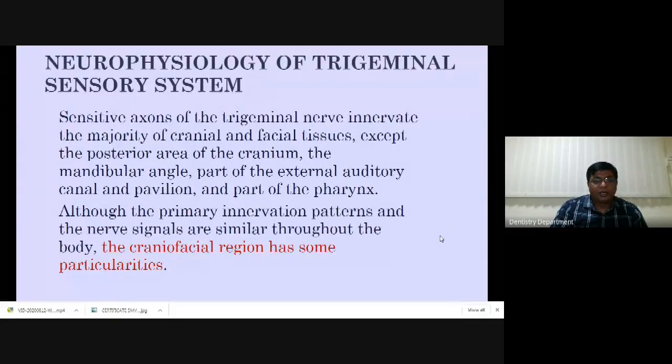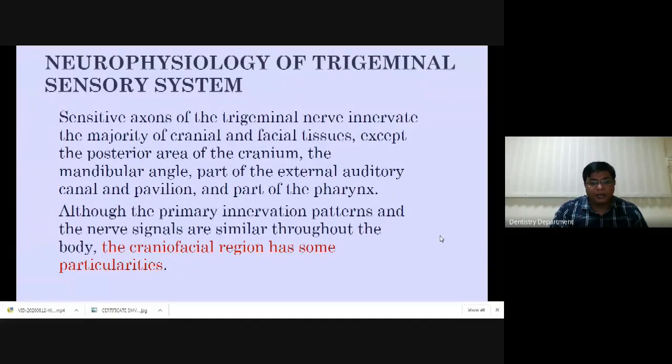The trigeminal nerve innervates the majority of cranial and facial tissues. We all know that. Except the posterior area of the cranium, the mandibular angle, part of the external auditory canal and pavilion, and part of the pharynx, all other structures are supplied by the trigeminal nerve through its divisions.